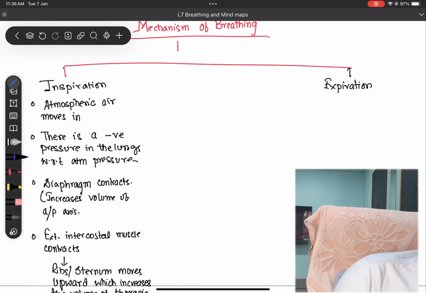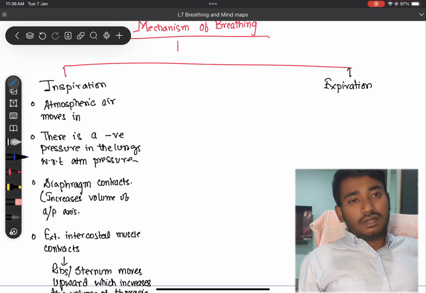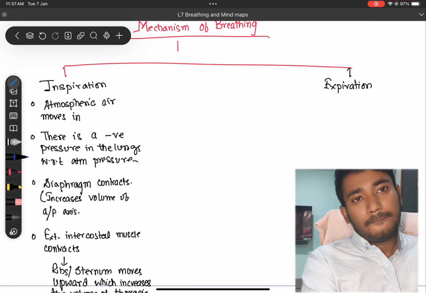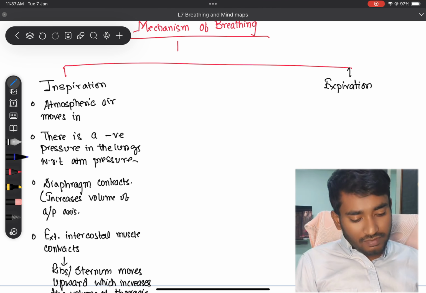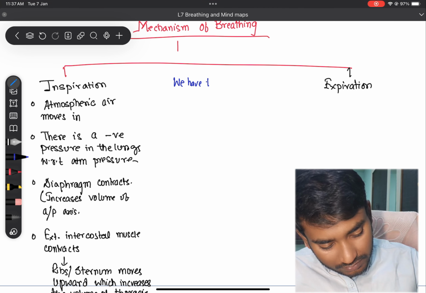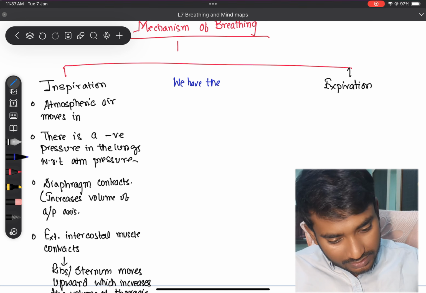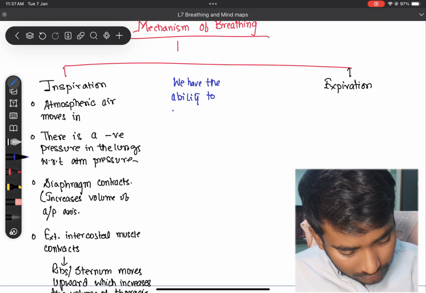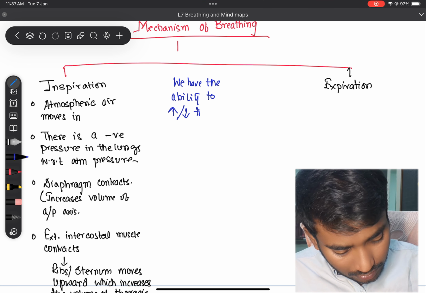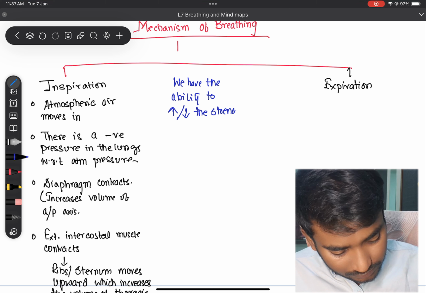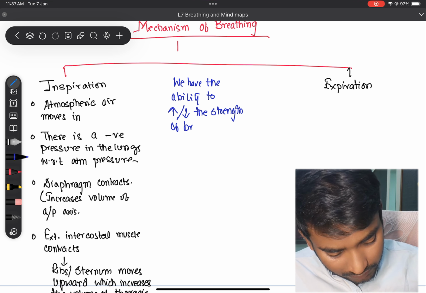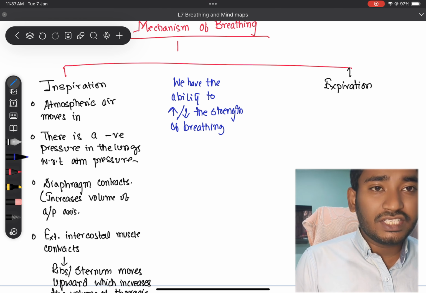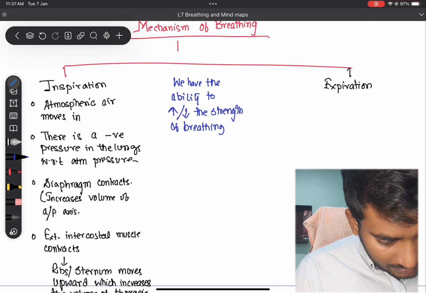We have the ability to increase or decrease the strength of breathing with the help of the additional muscles in the abdomen.